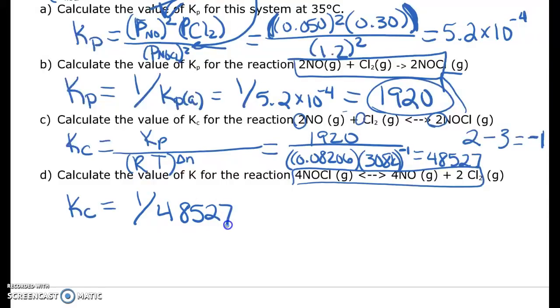So I just calculated that as 48527. And so that equals 2.06. So I'll round that to 2.1 times 10 to the minus 5.